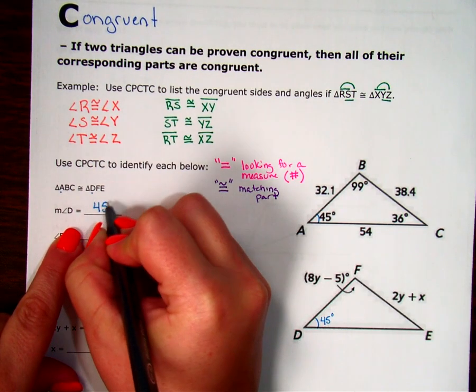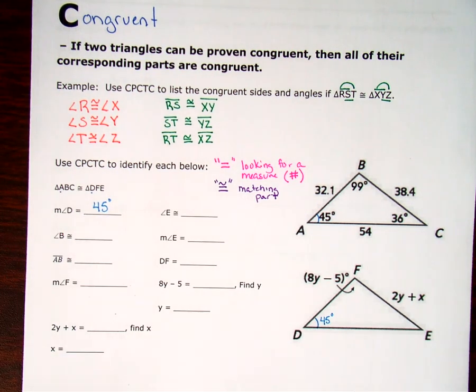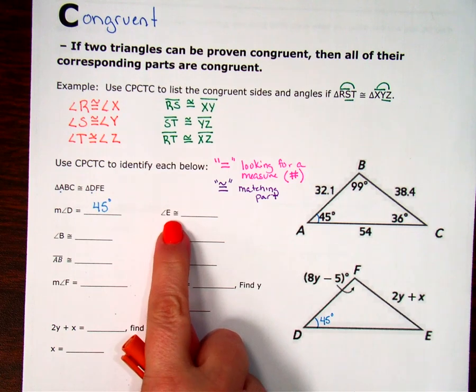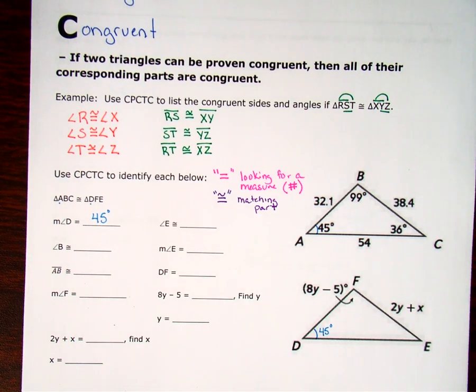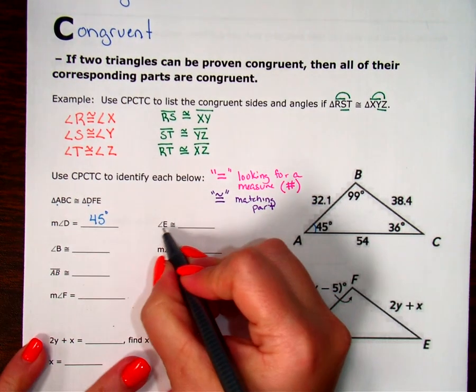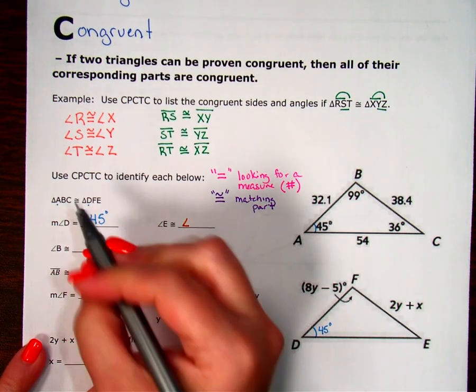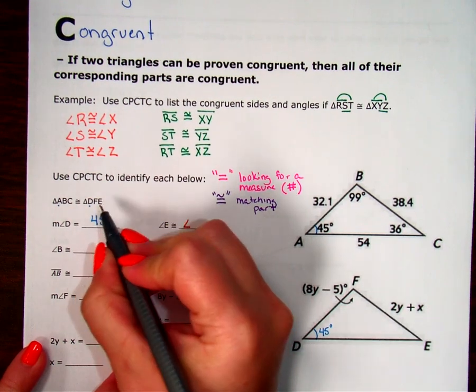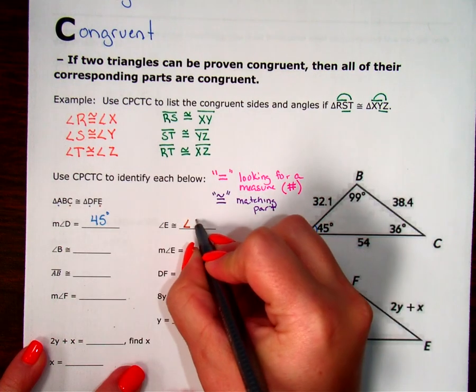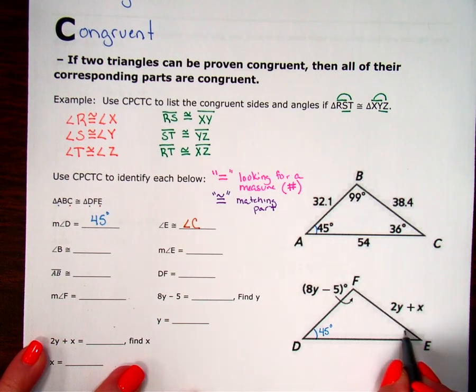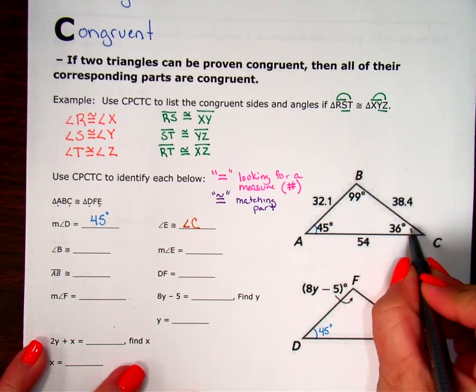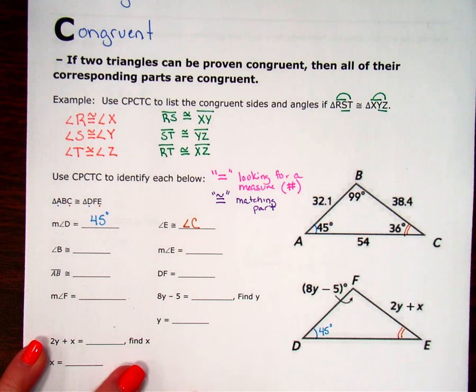Then when I look to the right, I see I'm looking for a congruent symbol. So I just want to know what part does angle E match up with. Well, I know it's an angle, so it's going to match up with an angle, so I have to have my angle symbol. And then if I look here, I can see that E matches with C. I don't even have to look at the picture. I could say, okay, I know this angle is going to match up with this angle.